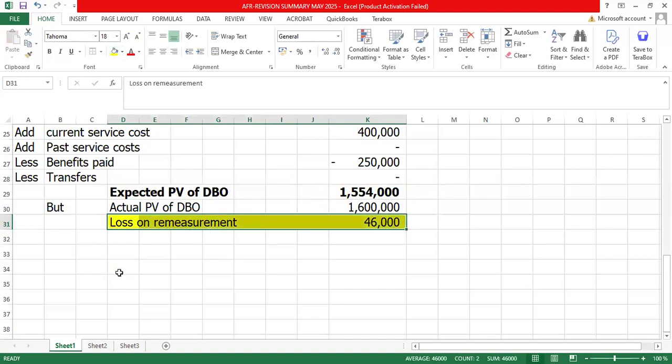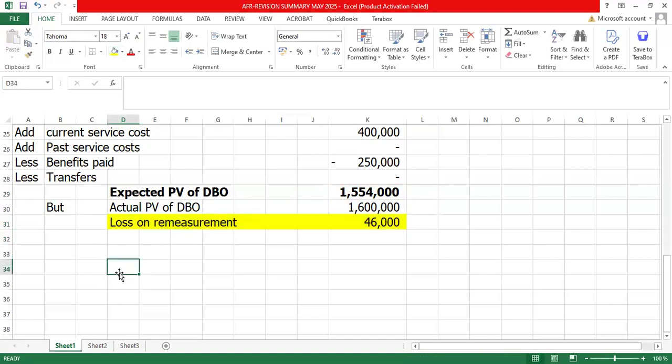Okay, so from here, you can report now. You can report and tell the examiner what will go to profit or loss, what will go to OCI, what will go to the statement of financial position. So you can use extracts because here you're showing.